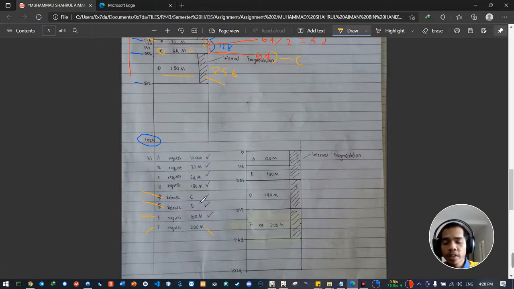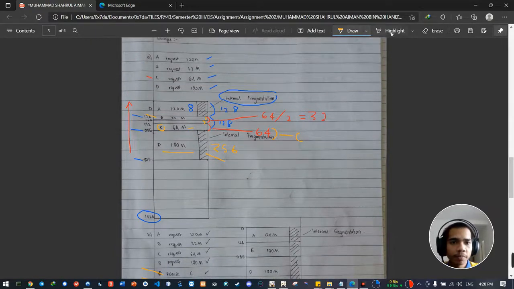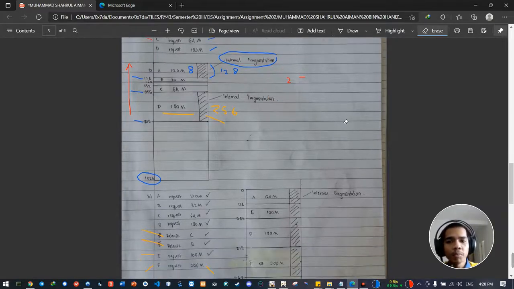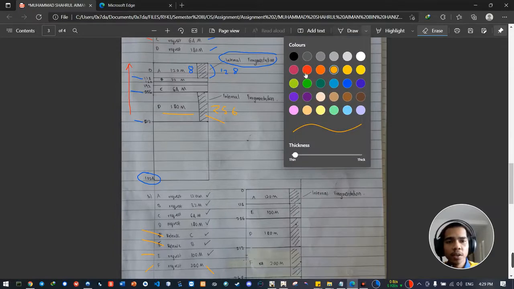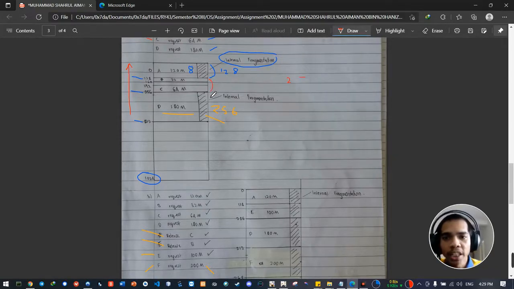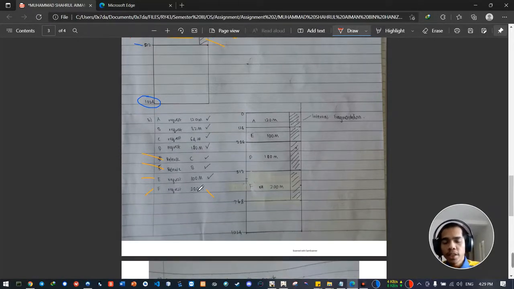If we release B and C here, the process here will become no process, so the memory here will merge, and it will become a 128 megabyte block of memory. So it is sufficient for process E.